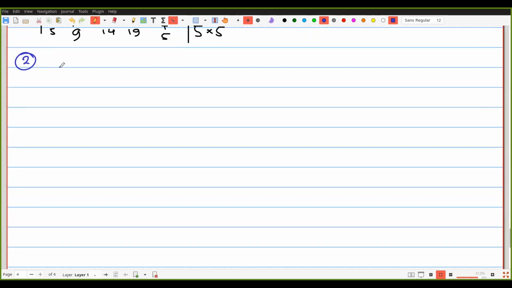Now the second property. Suppose we have the very first determinant we have already found, that is 3, 5, 6, 0, 2, minus 4, 1, 7, 8. Already it has the value 100.